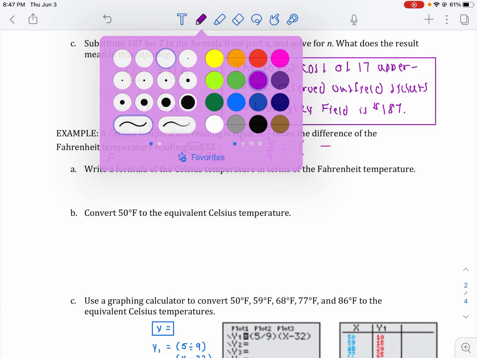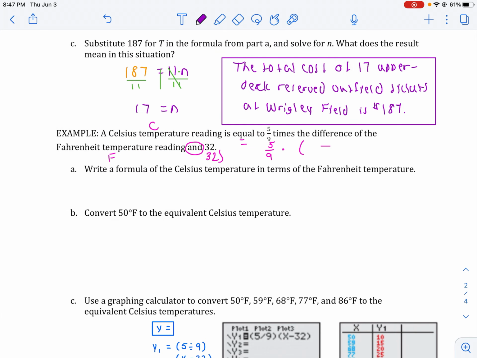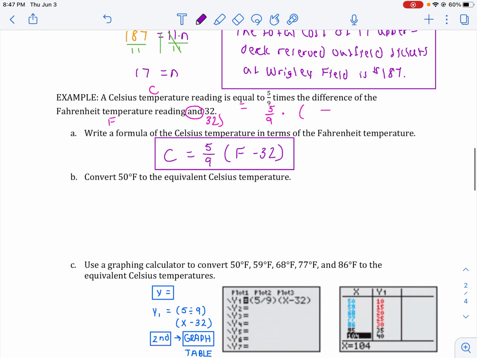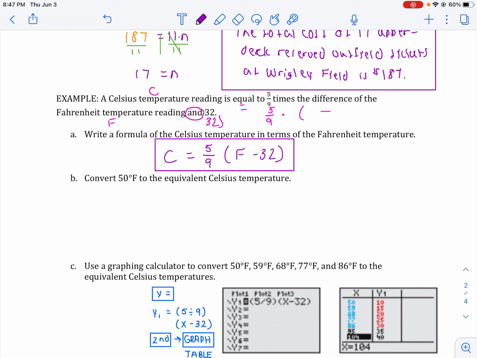So let's write this formula in part A. Capital C is equal to 5/9 times the quantity F minus 32. That's how we can convert from Fahrenheit to Celsius. So let's do a conversion. Let's convert 50 degrees Fahrenheit to its equivalent Celsius temperature.